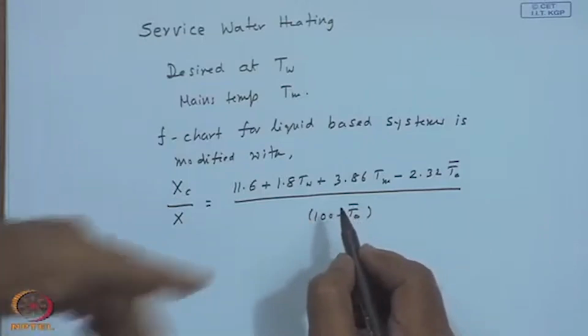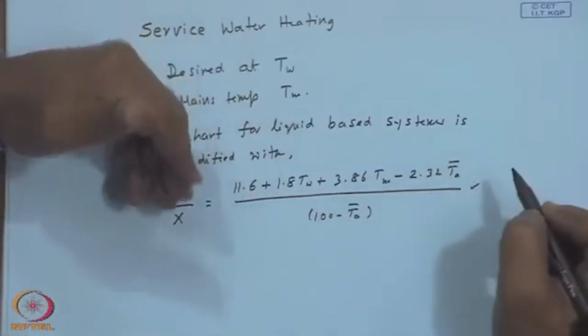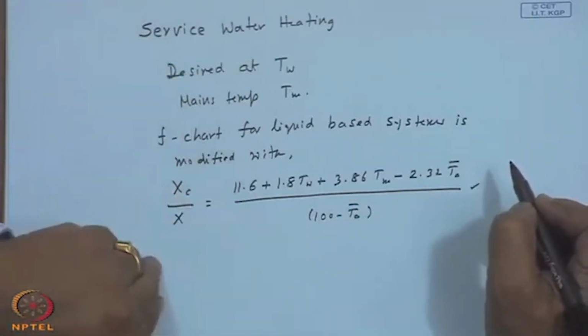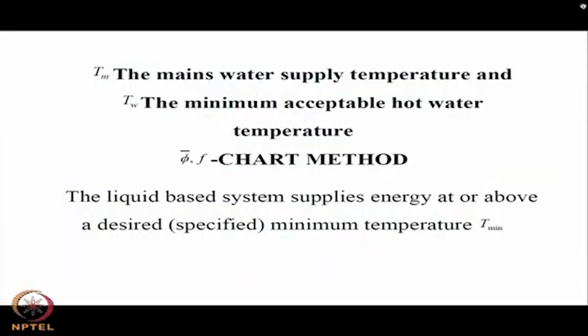So, you simply change the value of x to x c as given by this equation and use the F chart for the liquid based correlation, and you will have the solar load fraction met by service water heating systems. So, T m is the mains temperature and T W is the minimum acceptable hot water temperature.